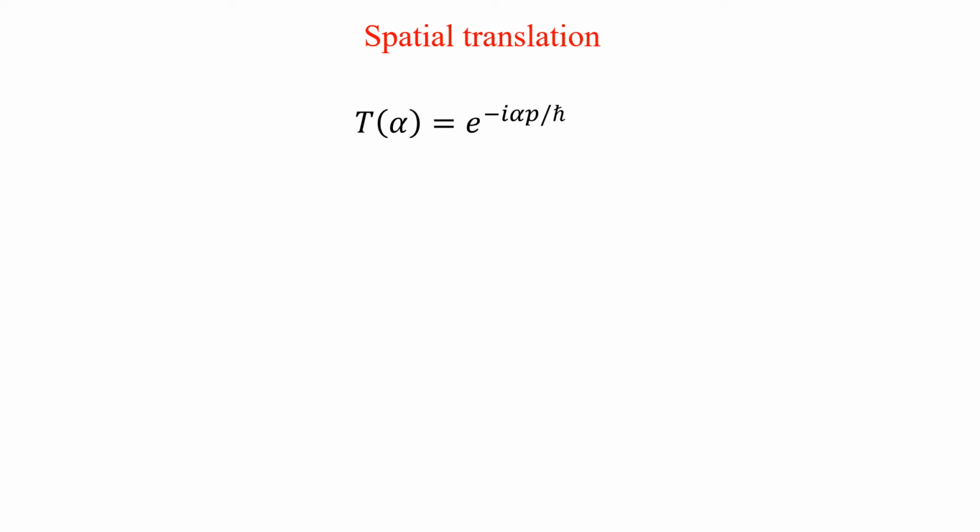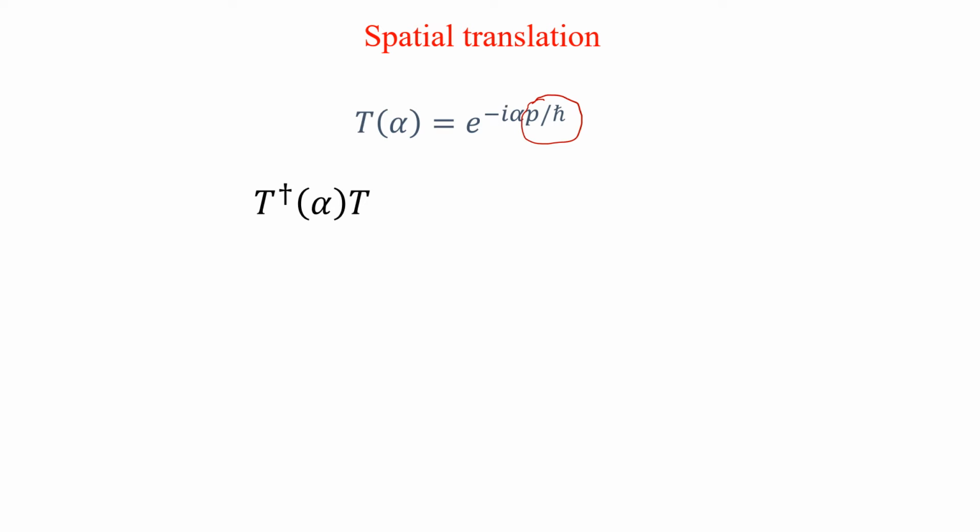Here, the important thing to be noted is that for spatial translation, we are using the momentum. So both are canonical conjugates. Now, this p over h cross is called the generator.